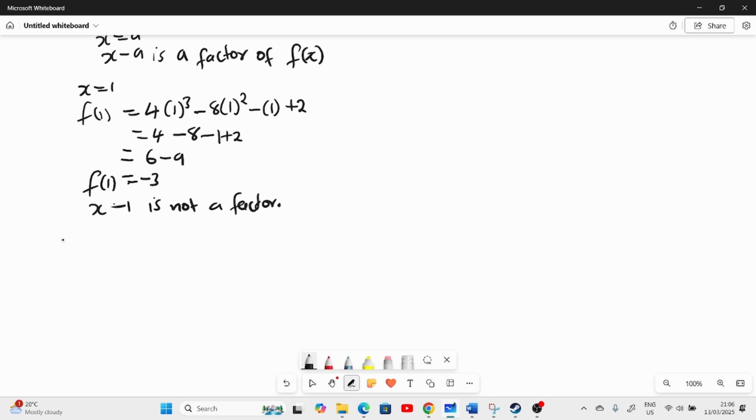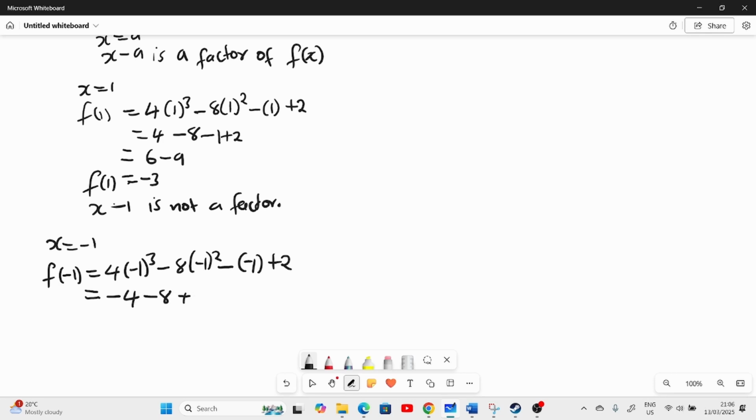Suppose now our x is negative 1. You substitute where there is x, you put negative 1 in the given polynomial. So we're going to have 4 times negative 1 to the power 3, minus 8 times negative 1 squared, then minus negative 1, plus 2. So this is equal to negative 4 minus 8 plus 1 plus 2.